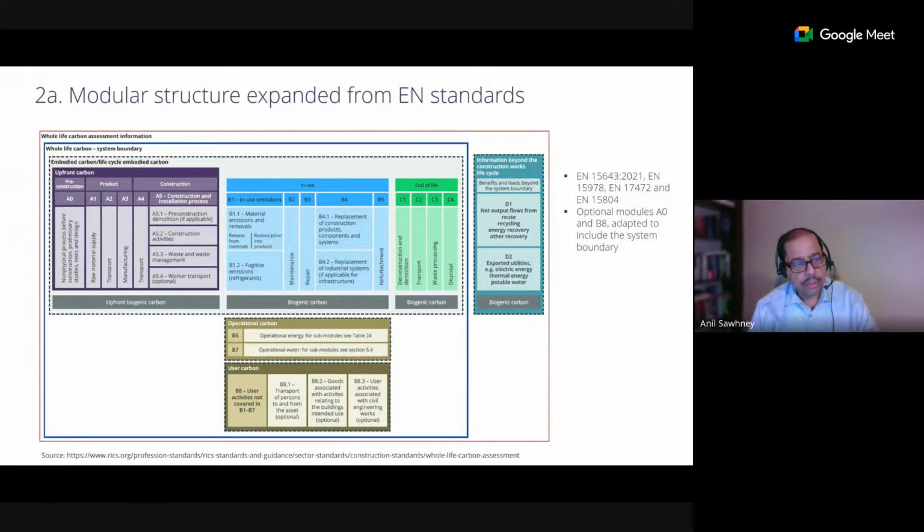You will be able to pick and select which modules apply to your assessments. These are taken from the RICS standard, but they are directly compatible with EN 15978. So B0 is generally 0, B8 is optional. We would normally not calculate the user carbon, which is shown below.